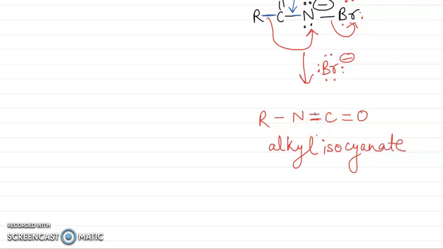In the reaction medium there would be some water and it would undergo hydrolysis of the nitrogen carbon pi bond. Only the pi bond would be broken here, and the nitrogen will form a bond with hydrogen of water and carbon will form a bond with OH of water.